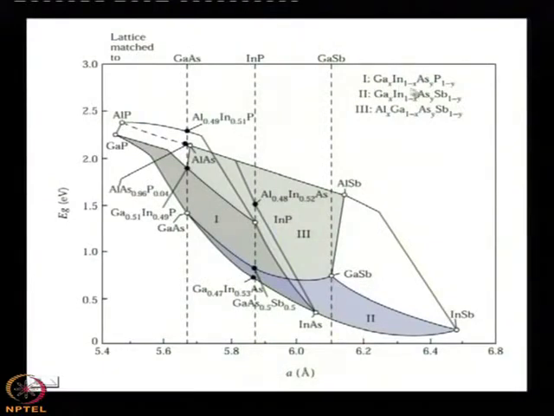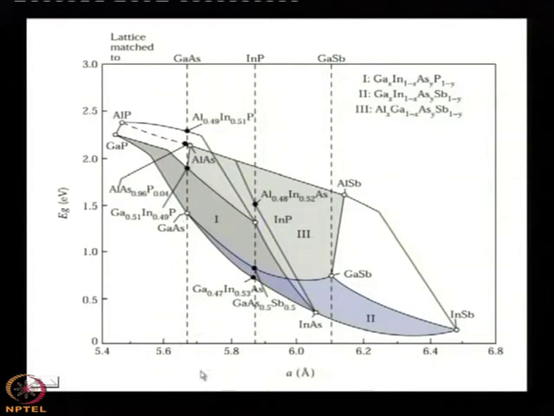That means this material, gallium indium arsenide phosphide, is a quaternary, and one constraint is that you have to grow it on a lattice matching substrate. What substrate? We have shown you 3 substrates: gallium arsenide, indium phosphide, gallium antimonide. These 3 substrates are shown with the dotted line.